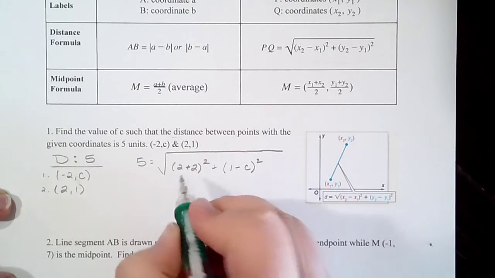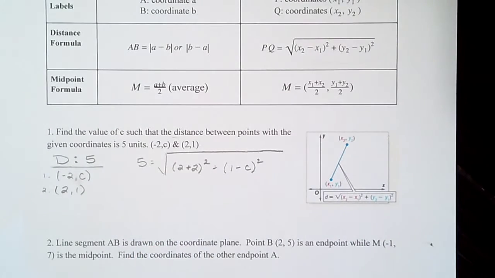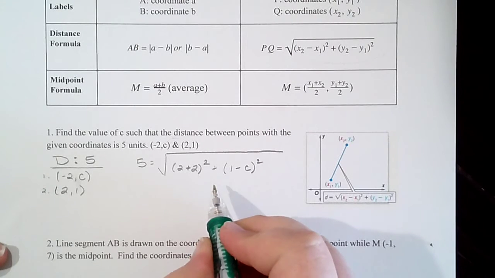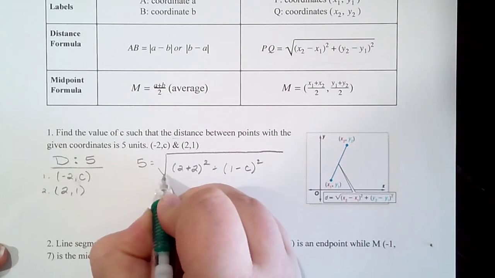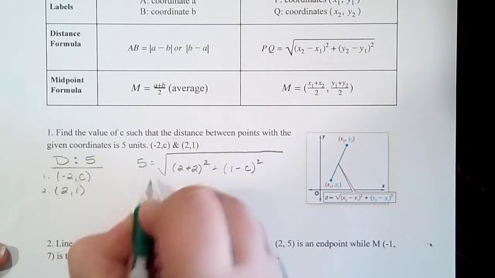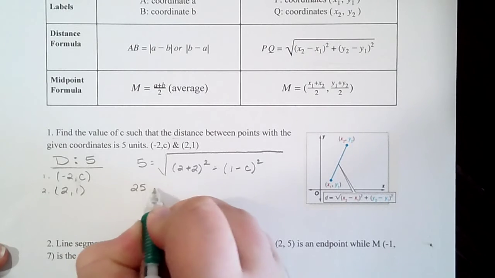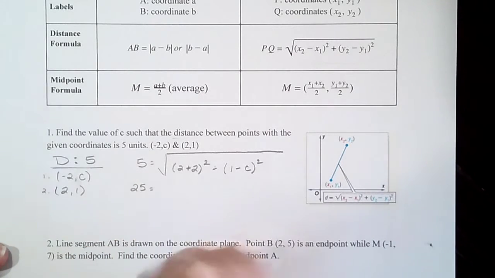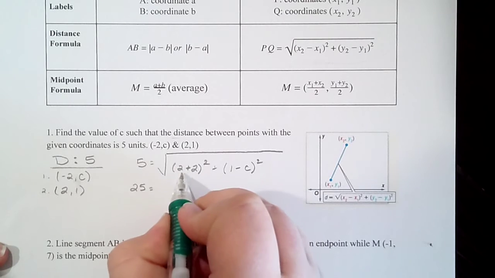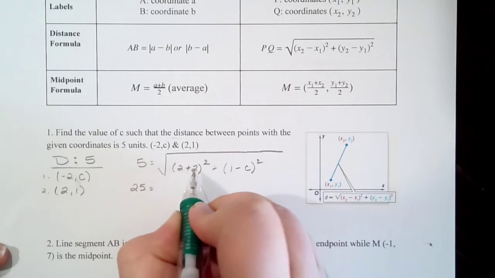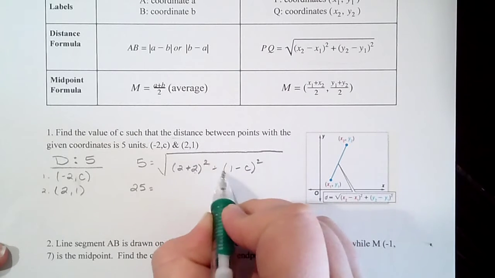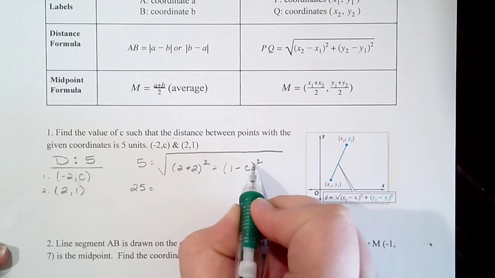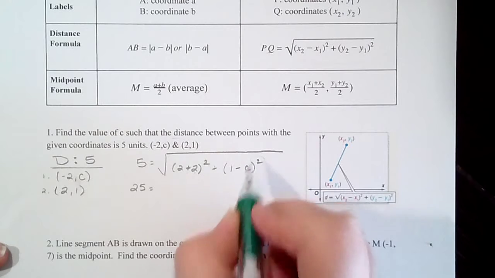The first thing I'm going to do is simplify the inside in my head a little bit. However, if you're going through the steps, my suggestion for this would be to get rid of that square root first, and that's what I'm going to do here. So square root, both sides, I undo it by squaring both sides, and what I'm left with is going to be 2 plus 2, that's 4, so 4 squared is 16, plus whatever this is when I FOIL it out.